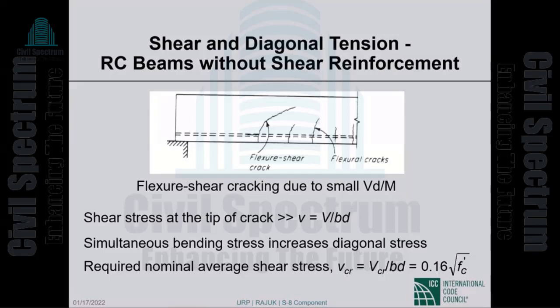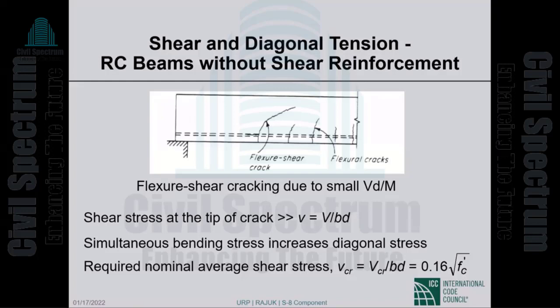Simultaneous bending stress increases the diagonal tension. At the tip of the flexural crack, we not only have shear but also normal stresses, and the two together give us diagonal tension stresses that are significantly higher than V over b d.